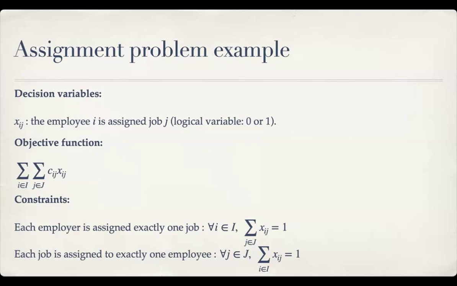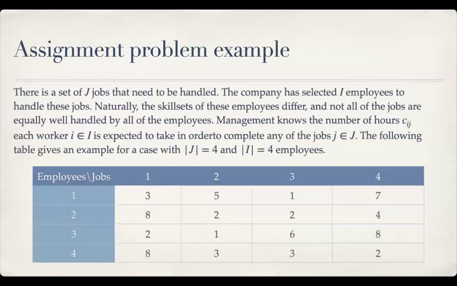And what about the constraints? The constraint is each employee is assigned exactly one job. For example, for the first employee, taking only one job means that in this row, the summation of X1j when j is from 1 to 4 must be 1 only.